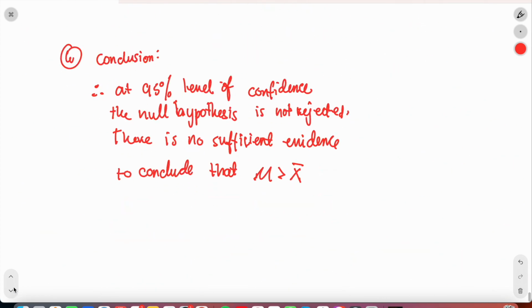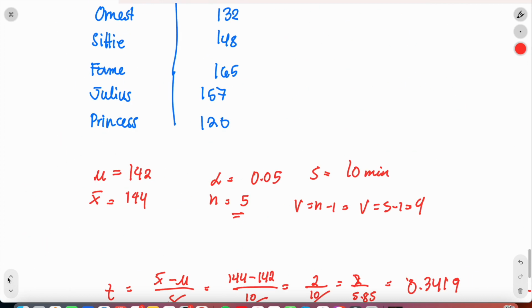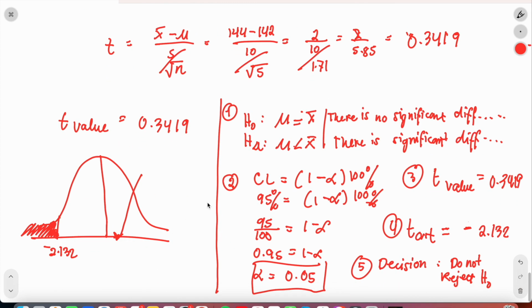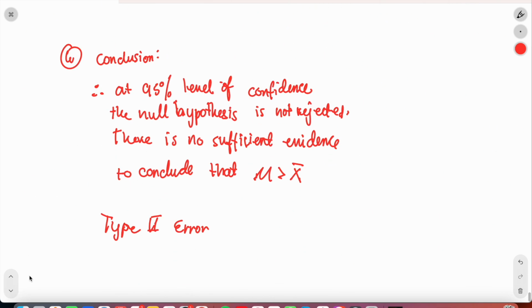So in this study here, we just committed a type 2 error. Because when we computed the sample mean, 144 is actually greater than 142. We should have rejected the null hypothesis and believed this one, right? This is the record of her 5 friends. We should have believed this one. So we just committed a type 2 error.